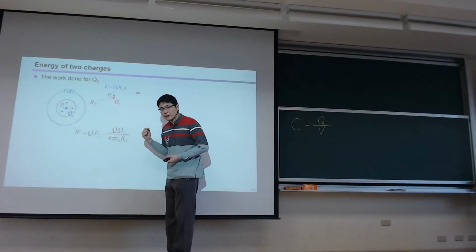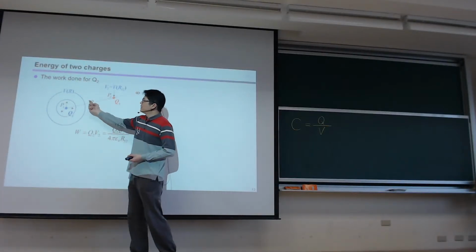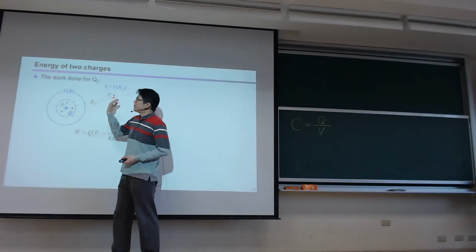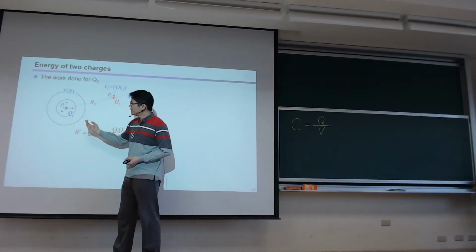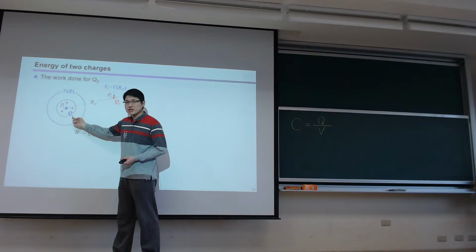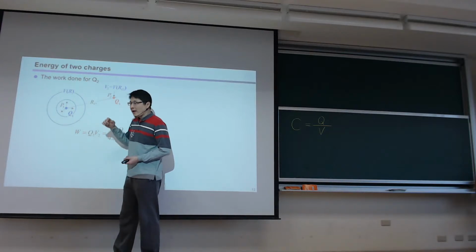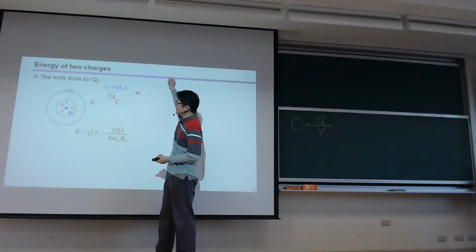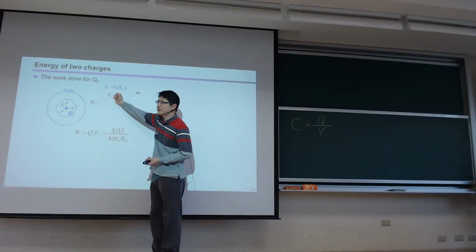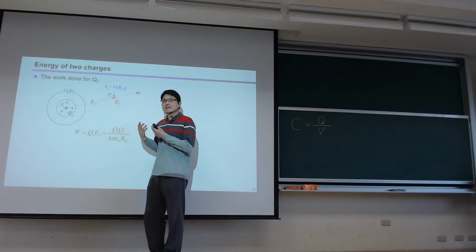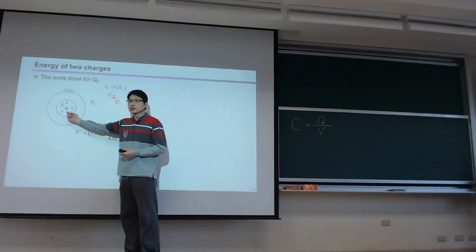But you have to understand what V2 stands for. V2 stands for the potential being set up by the first charge. As I am bringing the second charge to this location, I'm working against the field generated by the first charge.